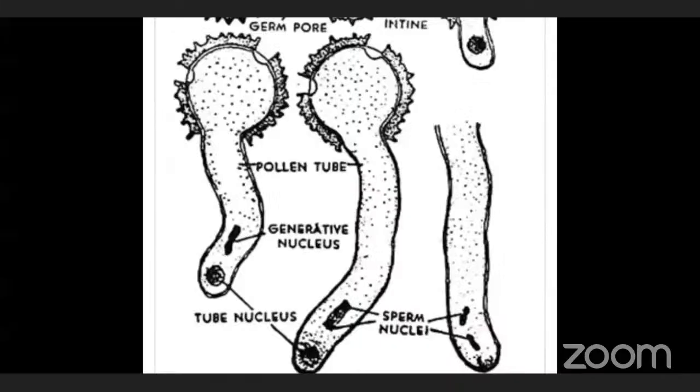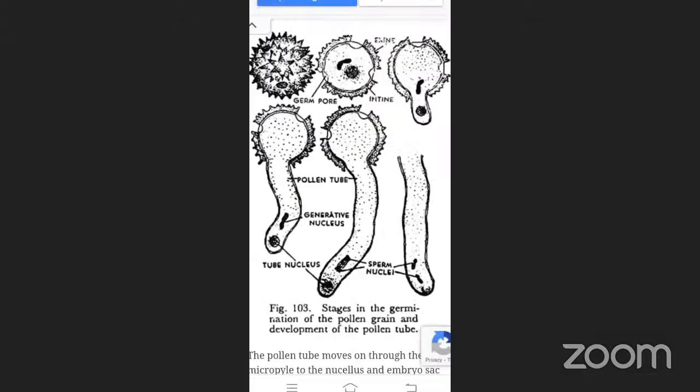The generative nucleus and the vegetative cell nucleus move, and this movement, supported to balance the delicate pollen tube, is facilitated by microtubules and endoplasmic reticulum.